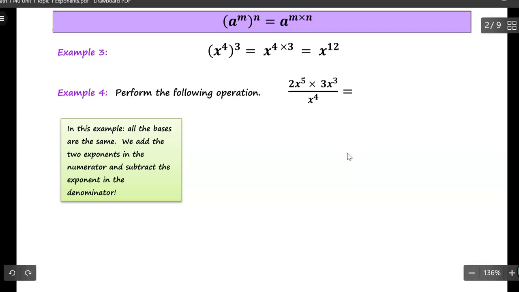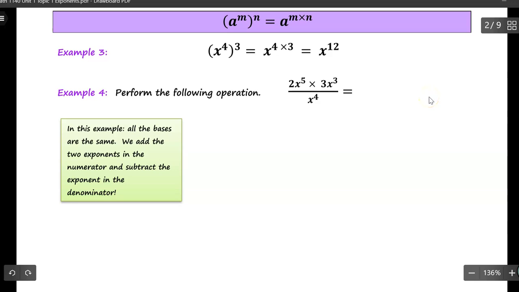First of all, what about the number in front of this? I want to remind everyone that the number in front is called the coefficient. 2 and 3 are the coefficients. 2 times x to the exponent 5 is a term, and 2 is the coefficient for this term. 3 times x to the exponent 3 is a term, and 3 is called the coefficient of this particular term.